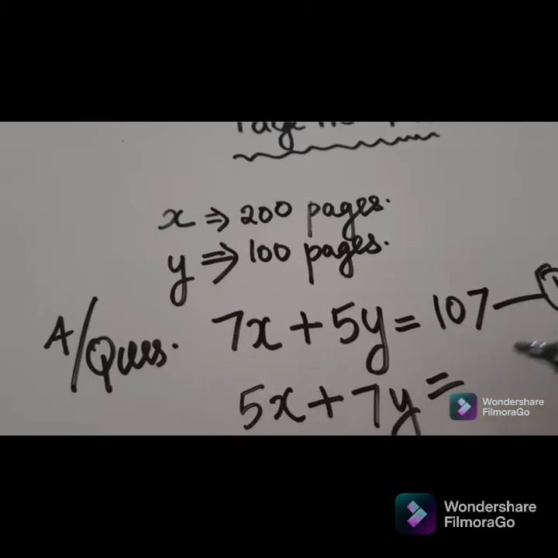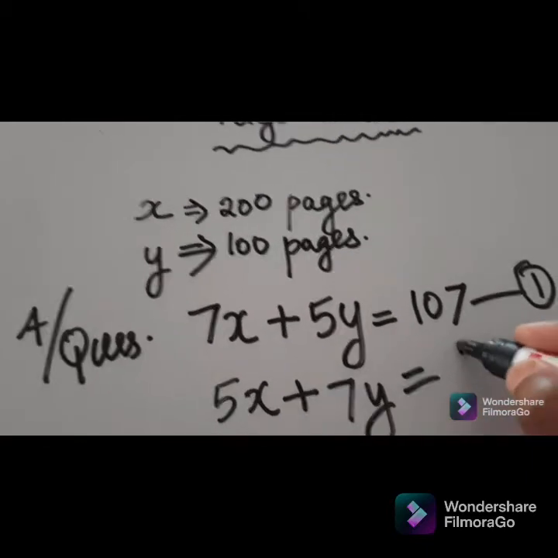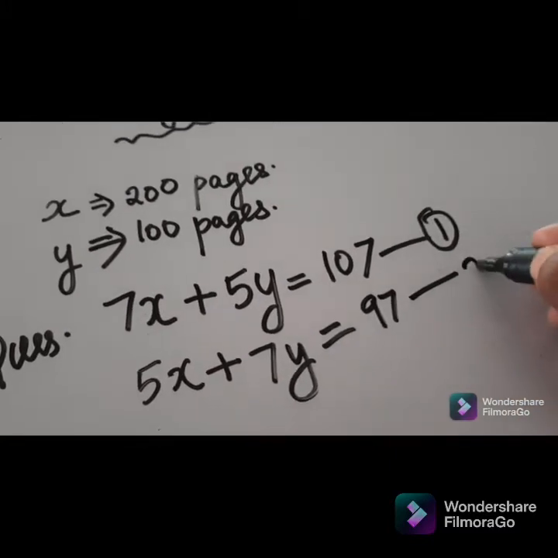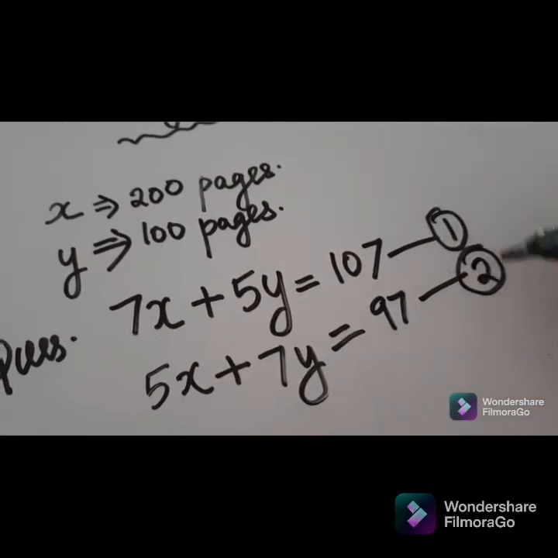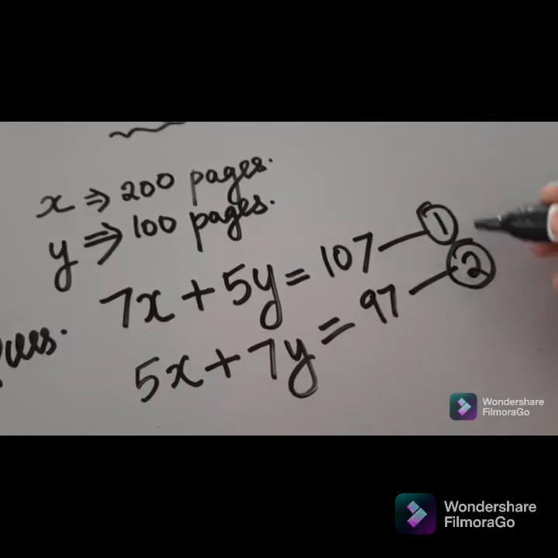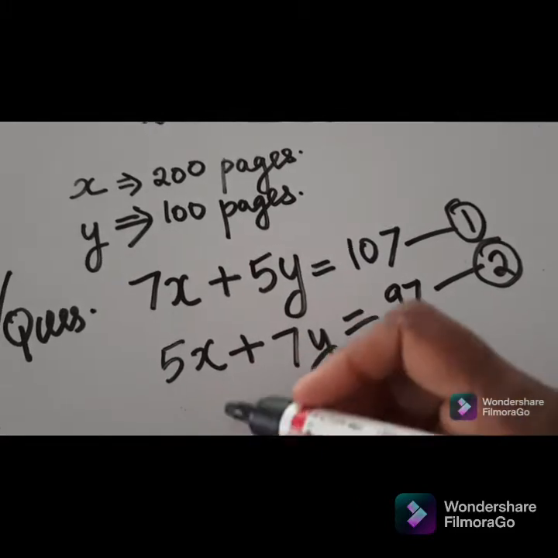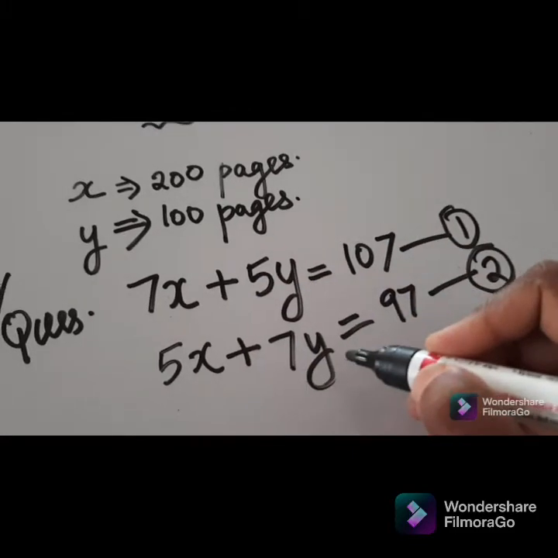What is the total cost for this? 97 rupees. So we write this as equation 2. So we get 2 equations, 1 and 2, and we want to solve for the values of X and Y.